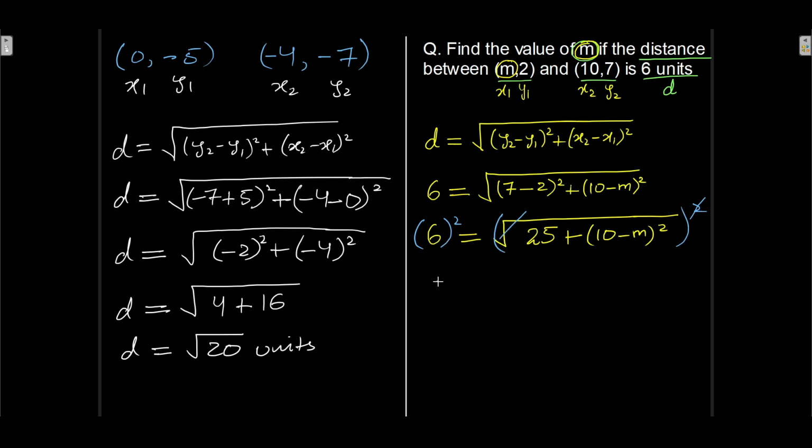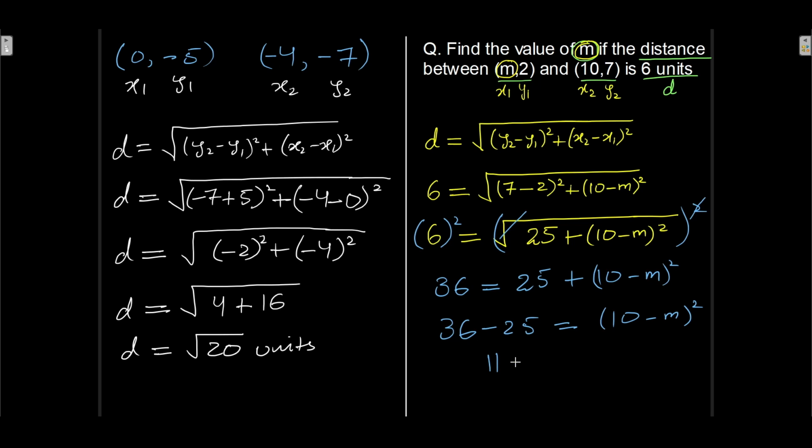So 6 square will give you 36 is equal to 25 plus 10 minus m whole squared. And then you just take this 25 to the left hand side. So 36 minus 25 will be equal to 10 minus m whole squared. Now 36 minus 25 will give you 11 is equal to 10 minus m whole squared.